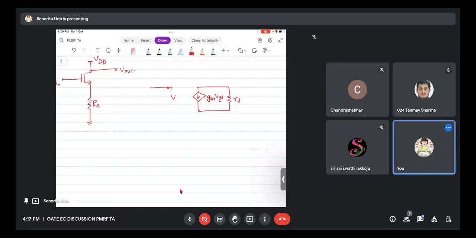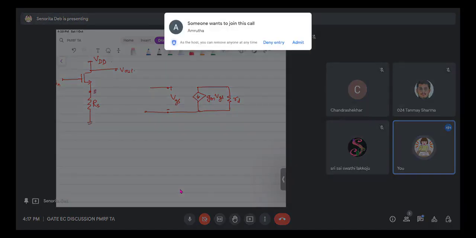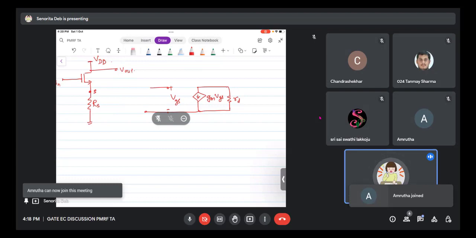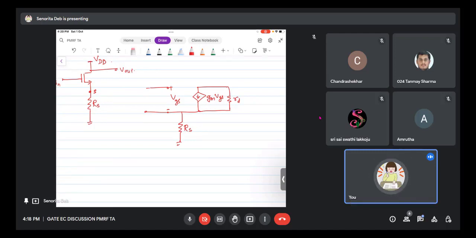Basically I'll just draw this like this. VGS minus, and here you see the RS is from the source to the ground, right? So RS is from source to the ground. This is clear. Now if I want to solve this, my V out is here.